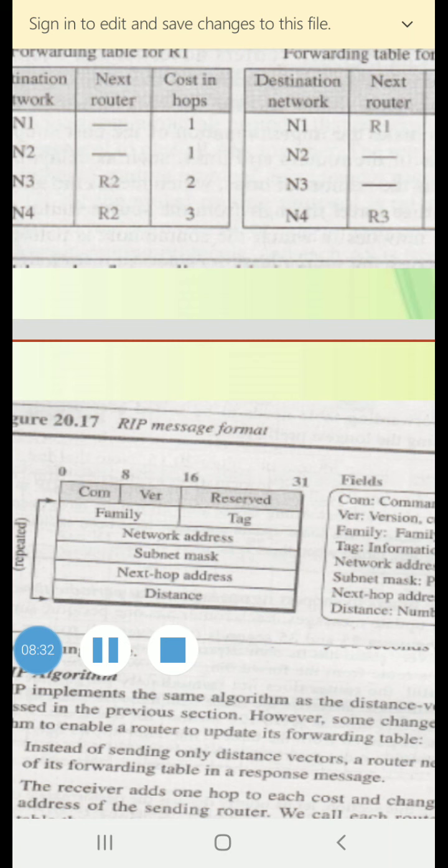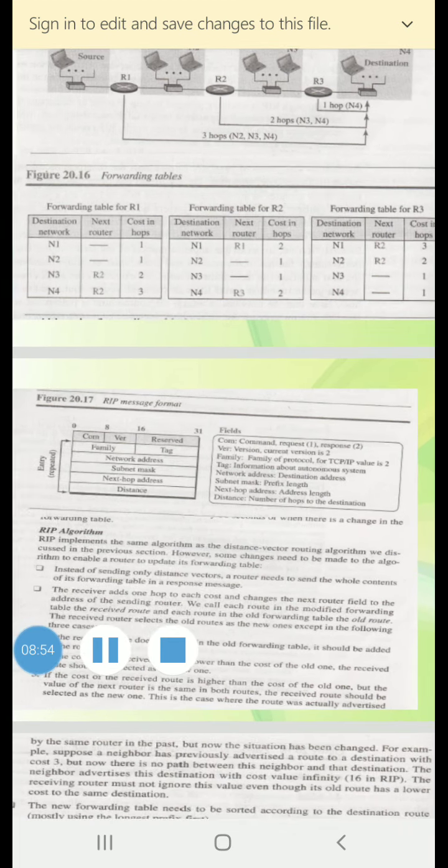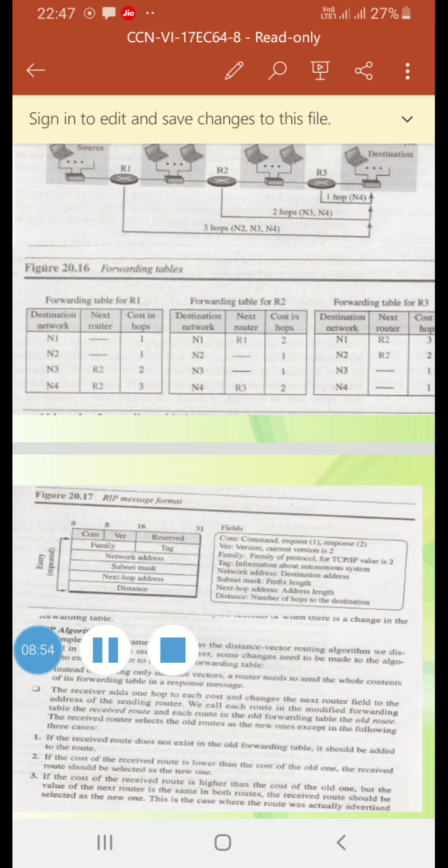RIP messages. Two RIP processes, a client and a server, like any other processes, need to exchange messages. RIP2 defines the format of the message as shown.